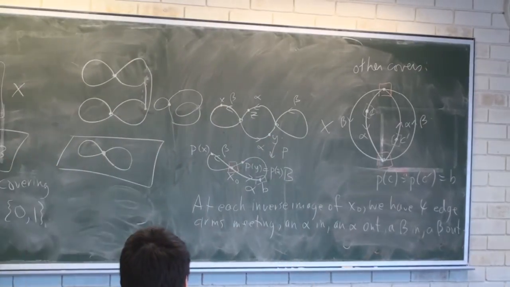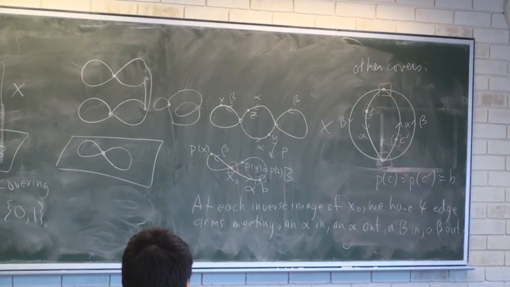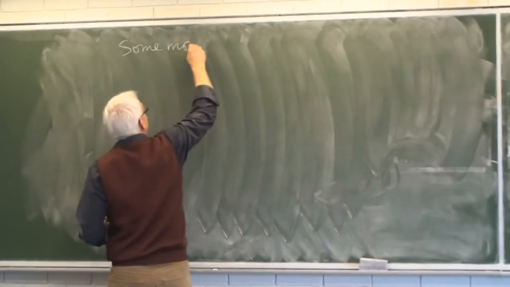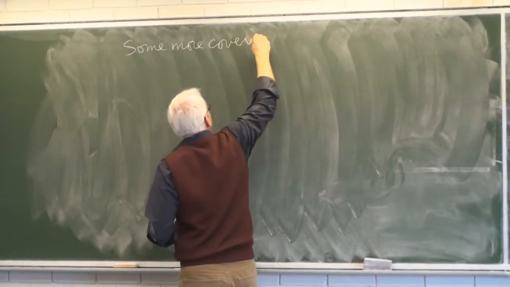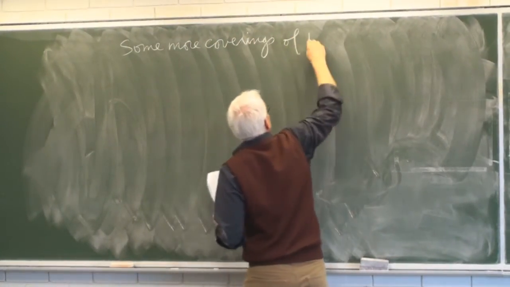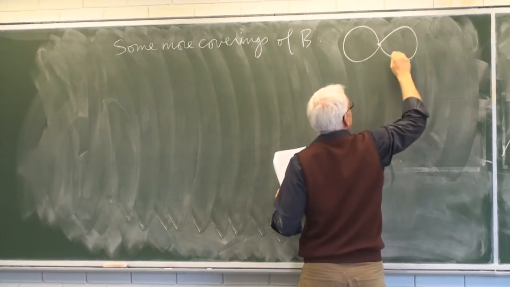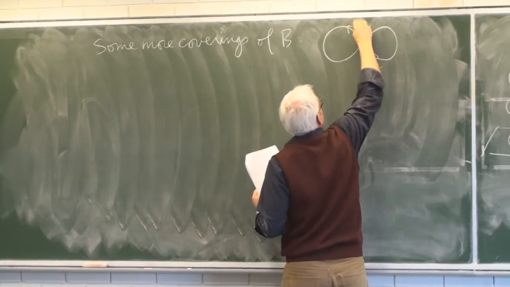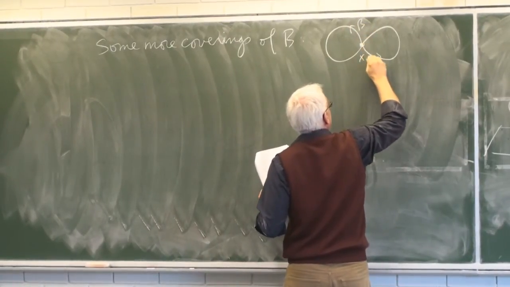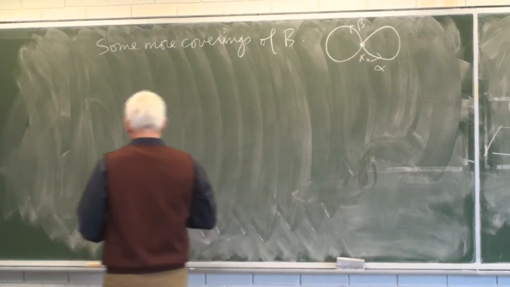So here are some other covering spaces. Some more coverings of B. And let's just remind ourselves what B looks like. It's like this with an alpha and a beta. Now we're calling that edge x, that point x0.